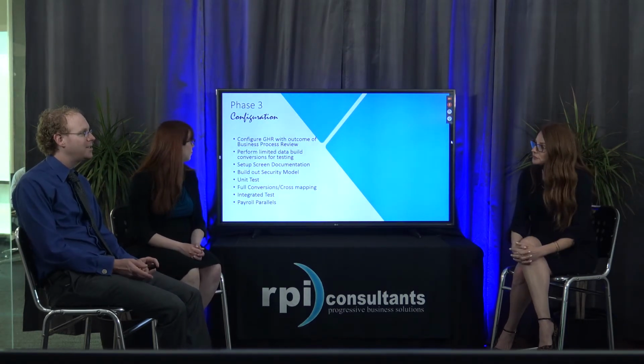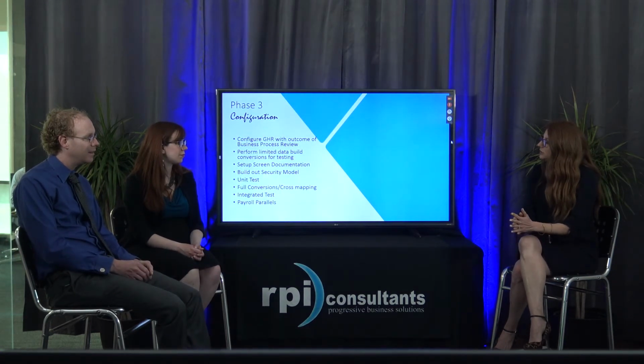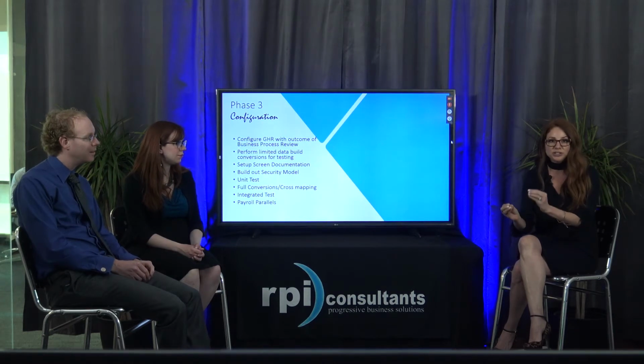And your configuration includes things like limited conversion, right? Mm-hmm. So there's a couple of different iterations. The first iteration is let's get it in, let's put a couple of fake employees in there and validate that the build looks as we expect it to look. And then there will be a light conversion.